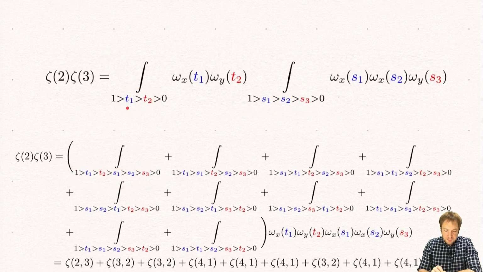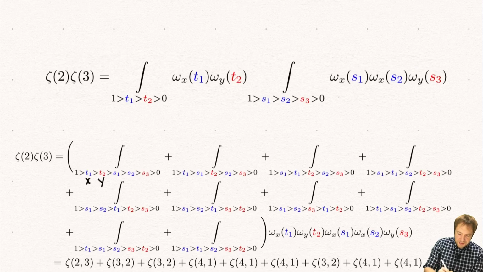And here also the coloring means that blue corresponds always to a differential form x and red corresponds to a differential form y. So it really just matters what the color of these iterated integrals here are. So this means that this is an iterated integral for the word x, y, x, x, y. So this is zeta(2, 3).